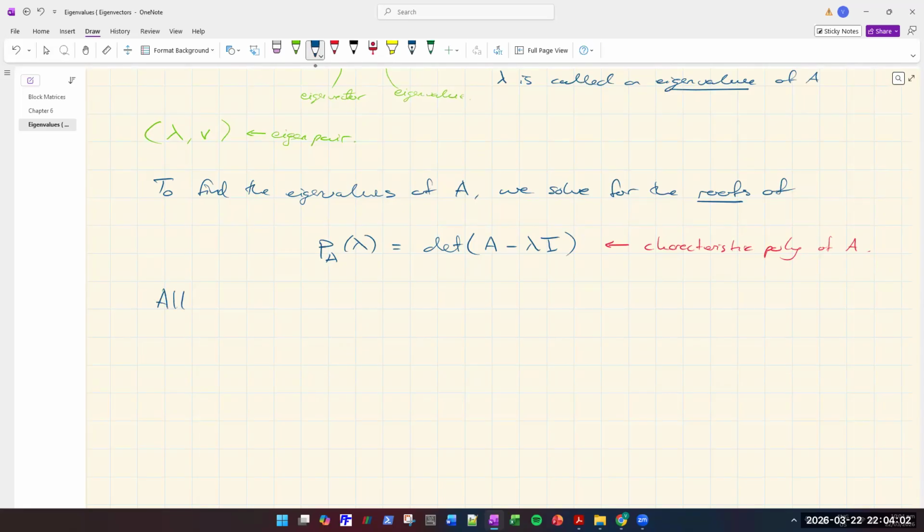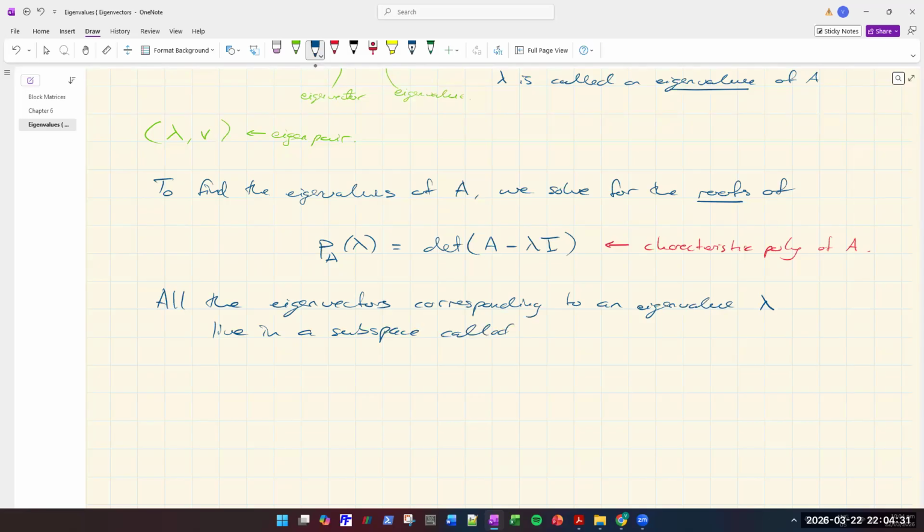So all the eigenvectors corresponding to a fixed eigenvalue lambda live in a subspace called the eigenspace, right?